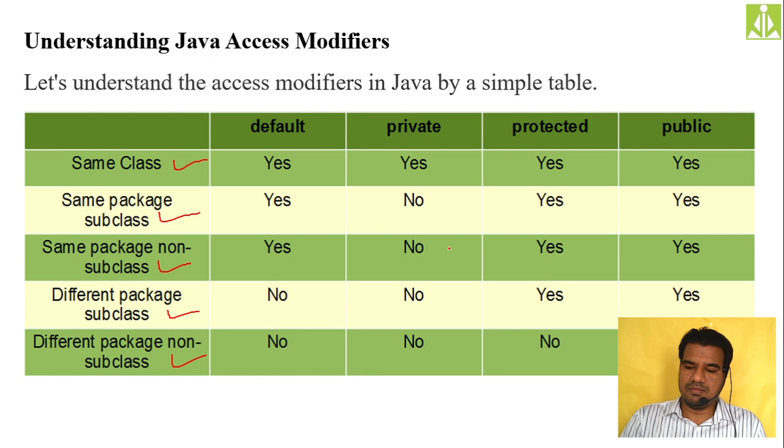So we'll start with public, because public means full access rights, isn't it? Same class we can access, same package subclasses, same package non-subclasses, different package subclasses, different package non-subclasses also we can access. Public means full access, 100% access.